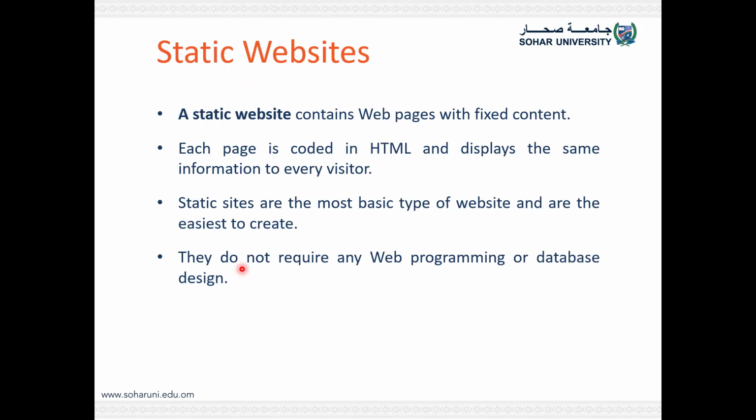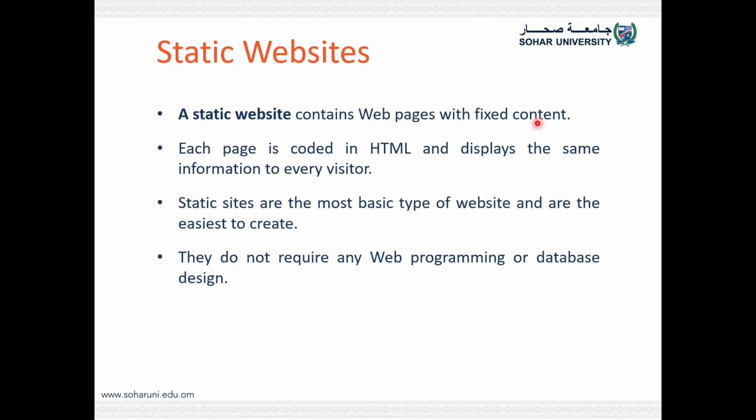Another thing we need to focus on in this task is the difference between a static website and a dynamic website. What is the meaning of a static website? As we can find here, it contains web pages with fixed content. The best example of a static website is the Sohar University website.